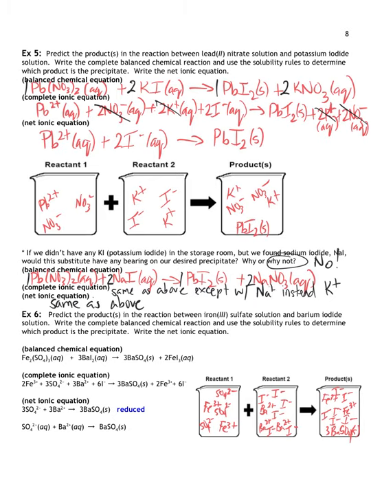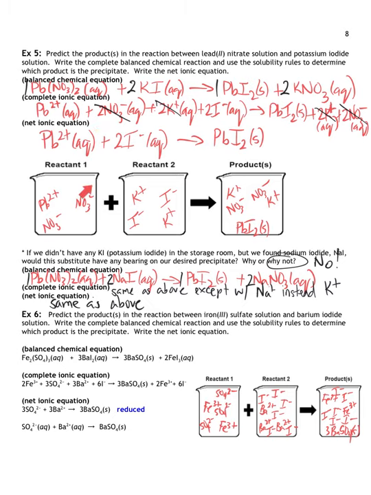Alright, so here are the answers. I do want to mention that for this question right here, when you add sodium iodide instead of potassium iodide, you'll see that the net ionic equation is the same as had you added potassium iodide.